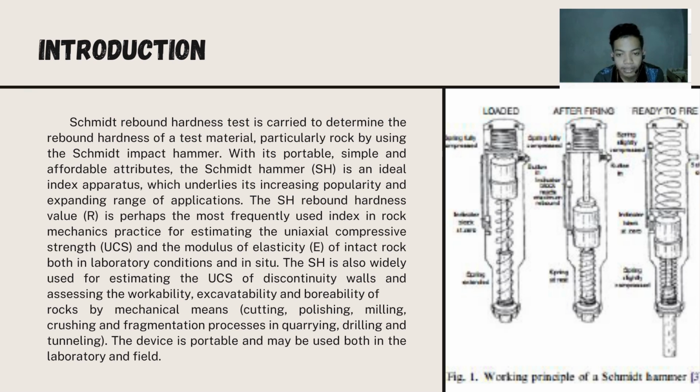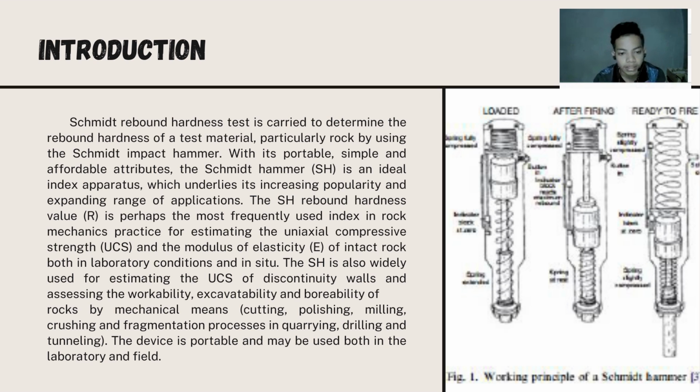The SH rebound hardness value is perhaps the most frequently used index in rock mechanics practice for estimating the uniaxial compressive strength (UCS) and the modulus of elasticity of intact rock, both in laboratory conditions and in situ.